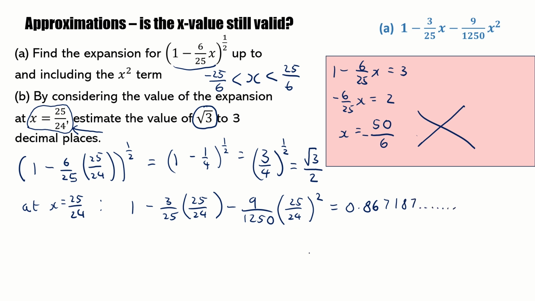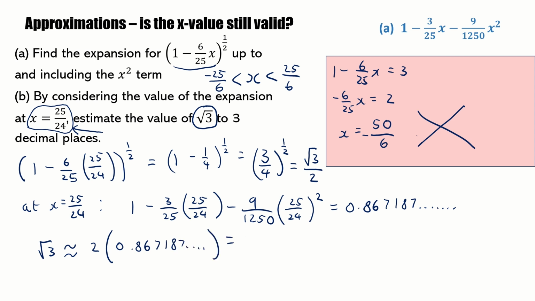Obviously, I'm just stopping writing it there, but you keep the whole number as a decimal on your calculator. But we're aware that isn't our estimate for root 3 yet. That's root 3 over 2. So root 3 is approximately double that. So what we've got to do is double our estimate that we just found.